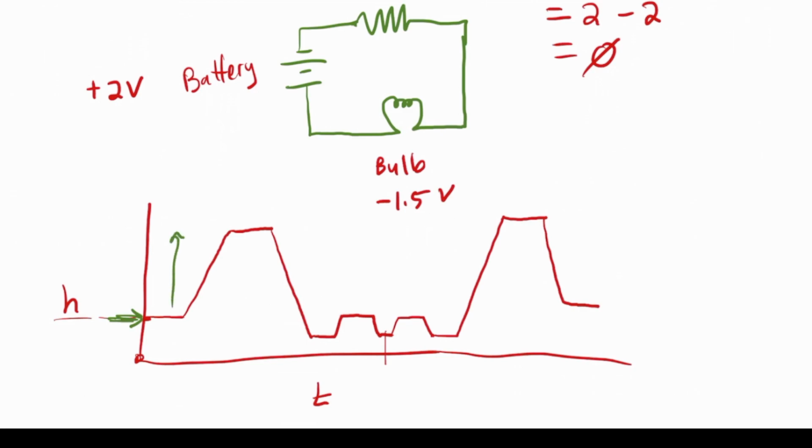It increased, then it decreased, and so on. If I add up all those arrows, if I add up all those changes in gravitational potential energy, or similar to my circuit, if I add up all the changes in voltage, I'm going to end up right back where I started. So the net sum is going to be 0.